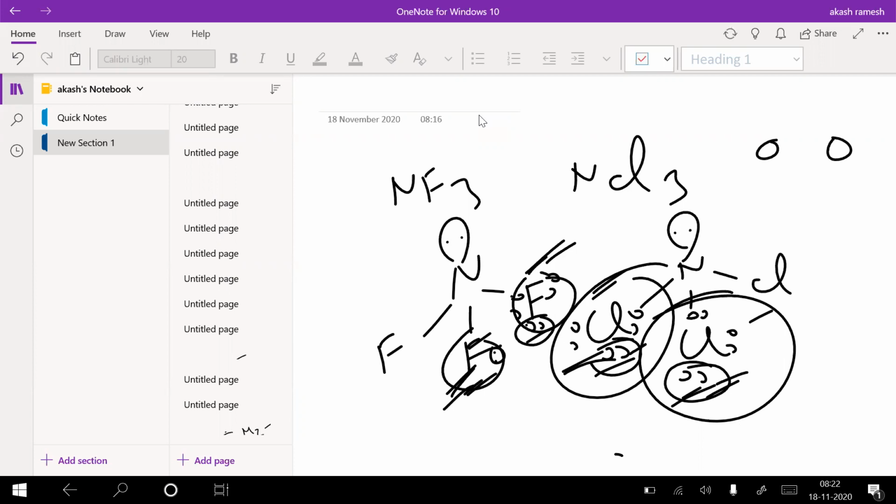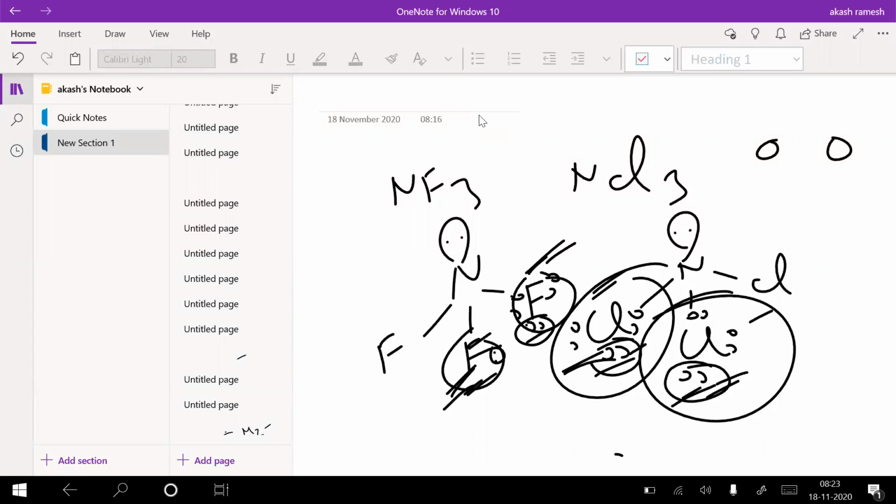Keeping the electrons to itself. Since fluorine is more electronegative, it wants to keep the lone pair electrons with itself. It doesn't want them to interact. But chlorine, on the other hand, is a little less electronegative. It's like fluorine is a very strict parent and chlorine is a little chill parent, allowing his daughter or sons to do whatever they want, but fluorine is very strict. It is going to keep it with itself.